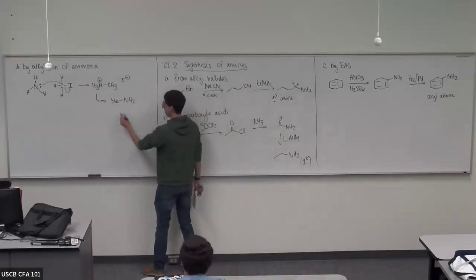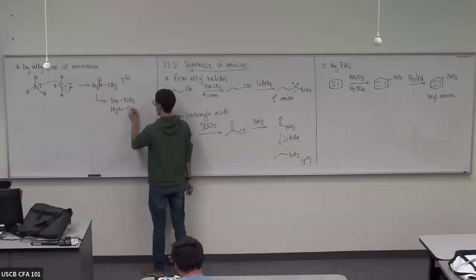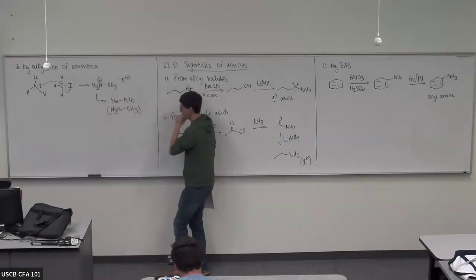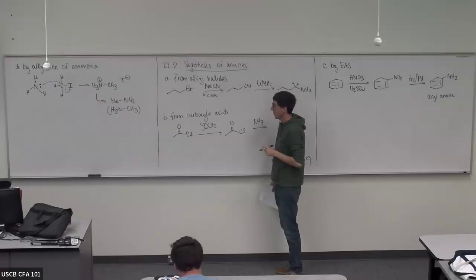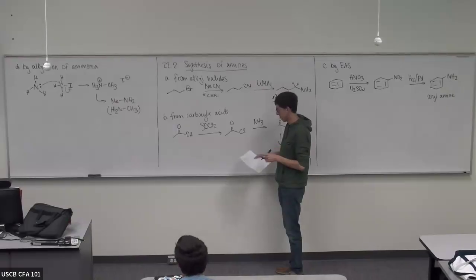So this is CH3NH2. So you could say, all right, well, now we can pick any alkyl group we want and just do this alkylation process.